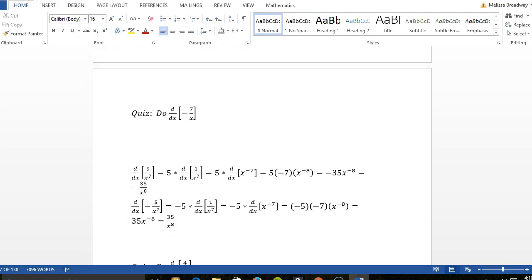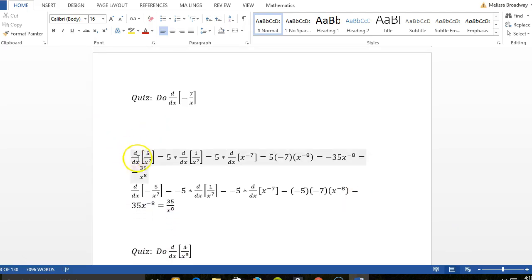Okay. And here, now this is the derivative of 5 over x to the 7. That's 5 times the derivative of just 1 over x to the 7. I just yanked out the 5, multiplicative. So that's 5 times, now 1 over x to the 7, we need x to the negative 7 format. 1 over x to the 7 is the same as x to the negative 7. Now remember, you yank the negative 7 multiplicatively out in front of the 5, and then the exponent falls down to negative 8.